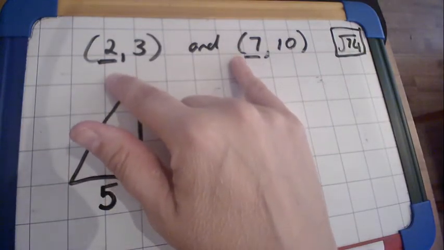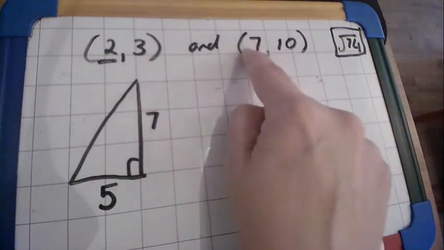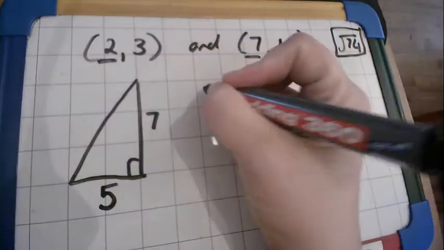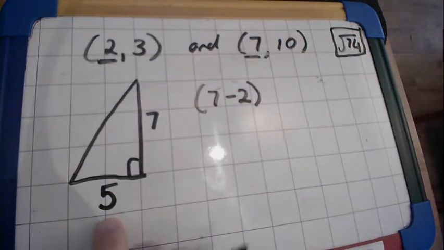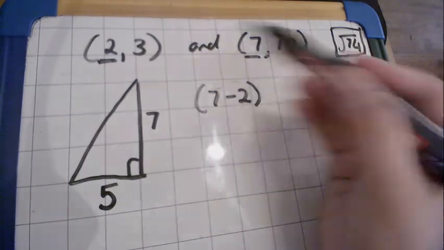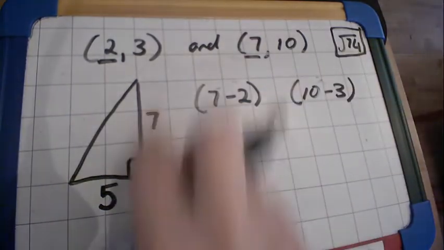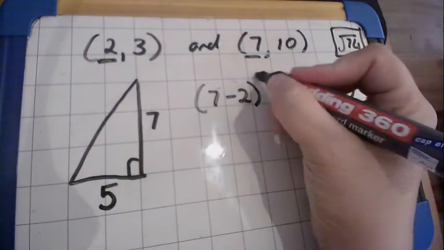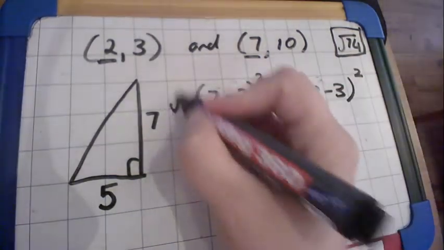Well, in reality, what we did is we took 2 away from 7. So I actually did 7 minus 2 to get my 5. I then did 10 minus 3 to get my y's. I then squared them and added them, and then I square rooted the answer.